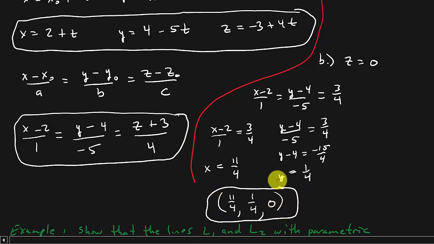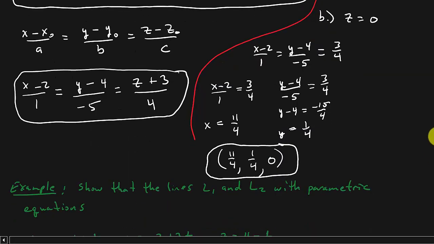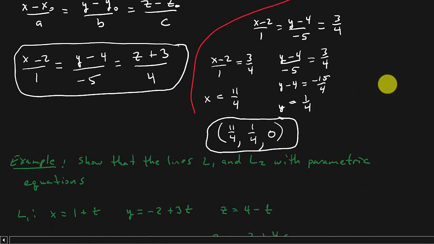And so that's the point where that line intersects the xy plane. If you looked at it, I don't have a lot of room here. Let's see if I can squeeze it in. Just say you got a point right here, somewhere in there.